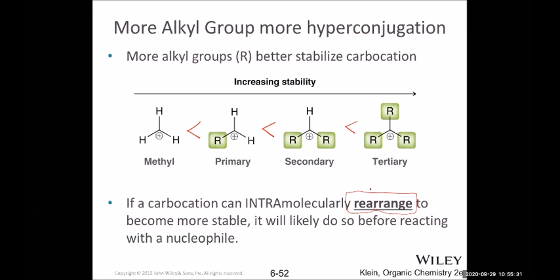Oftentimes this is because of the carbocation stability preference. Rearrangement is intramolecular. It happens within the species itself, without any attacking species, any electrophiles or nucleophiles around. Because it happens within the molecule, it can happen very quickly. Rearrangement reactions are typically very fast.